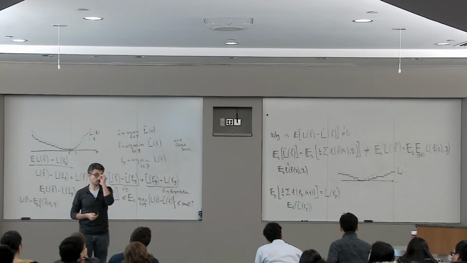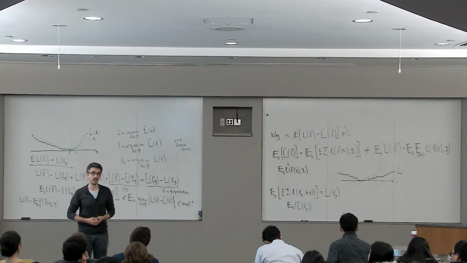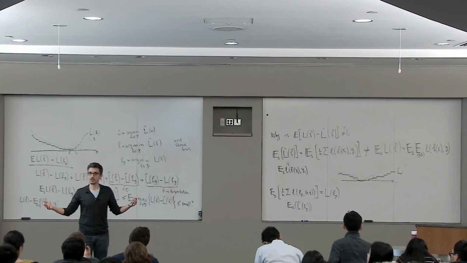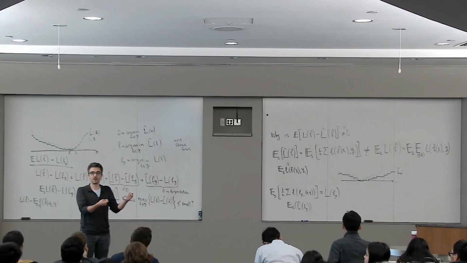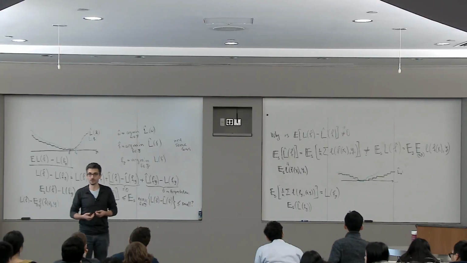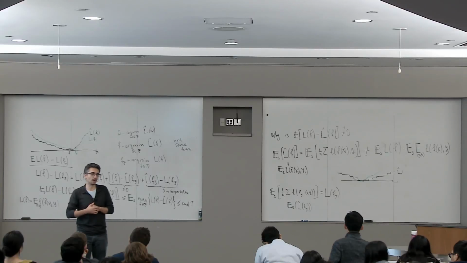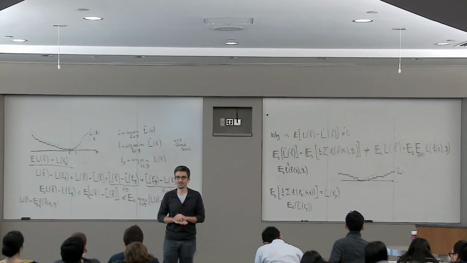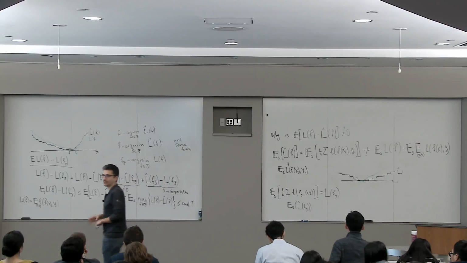My f hat is going to be a memorization system that says, I've got a collection of cats, let's say. On the new point, the way I'm going to predict is I look up whether it was in my training set. If it was, I say cat, and if it wasn't, I just say dog, always. But in my problem, for whatever reason, I only have cats, so it will always be a picture of a cat.